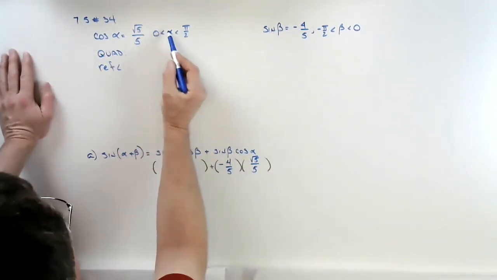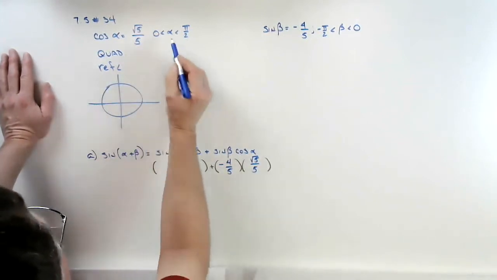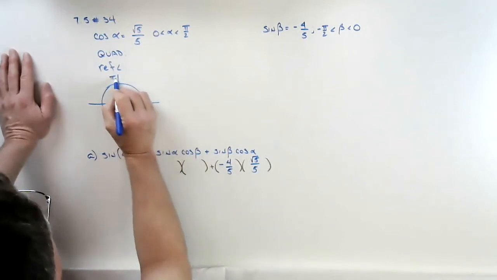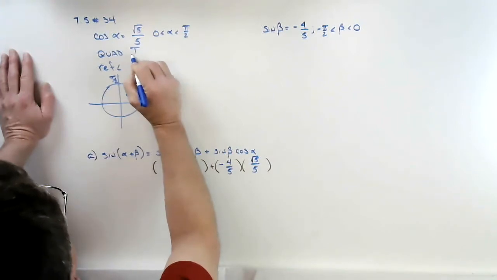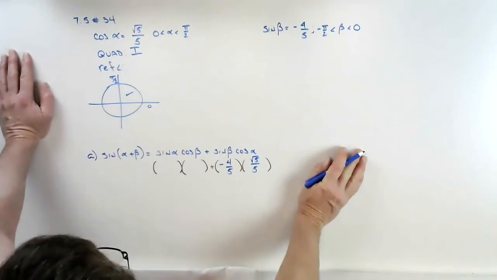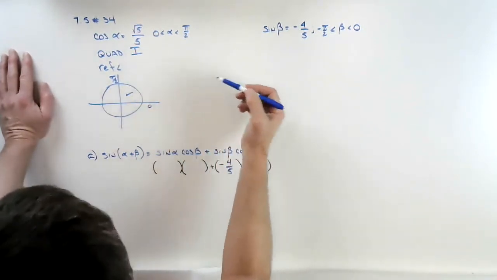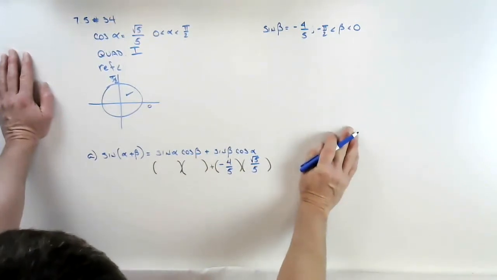Well, I look at my given, I draw my unit circle. I look at my given, I'm between 0 and pi over 2. So I'm in this quadrant, that's quadrant 1, so I'm going to write that down. Now, some of us are still struggling with how we find the reference angle when it's not a 30, 60, 90 triangle or a 45, 45, 90 triangle.